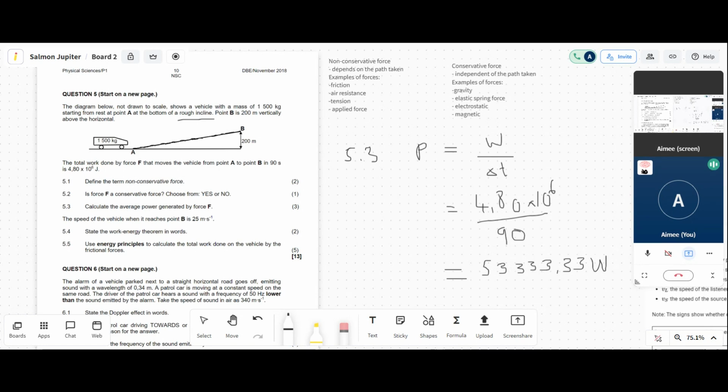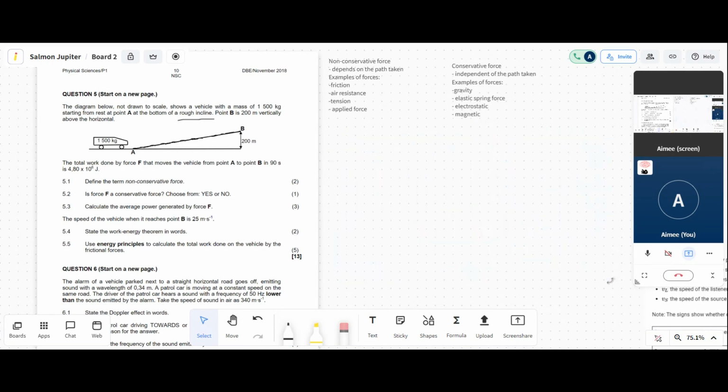Now we move on to 5.4. So it says the speed of the vehicle when it reaches point B is 25 meters per second. Okay, 5.4 says state the work energy theorem in words. So before we get onto that, I just want to get rid of this. Okay, so 5.4, what is the work energy theorem?